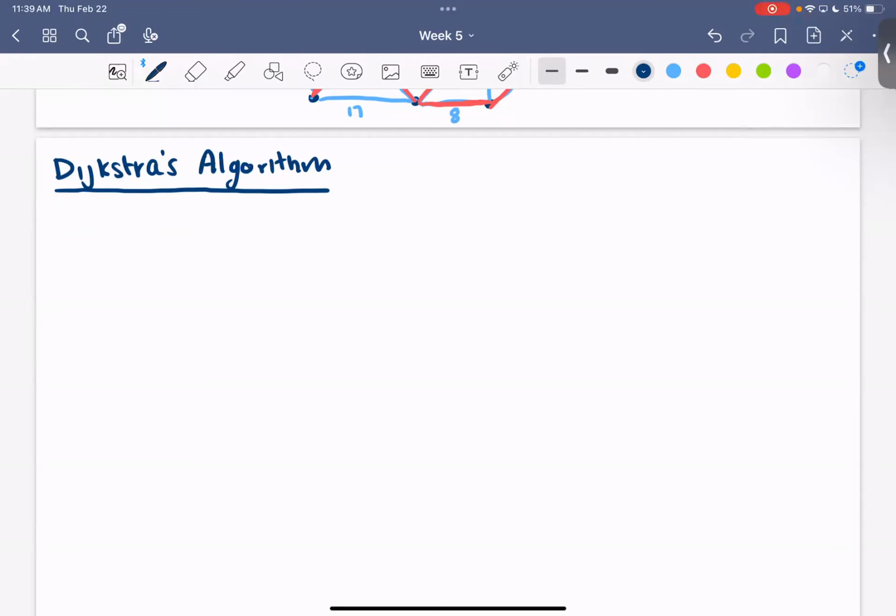So in a weighted graph, we're going to redefine what distance is.